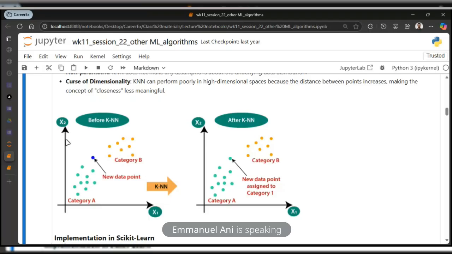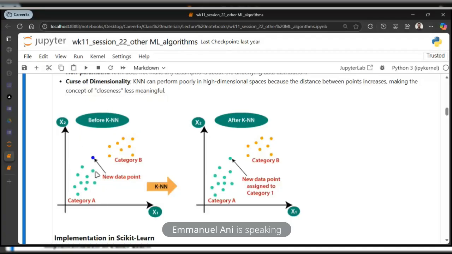For this blue dot, when we want to classify it as green or yellow, KNN uses a particular distance metric to calculate the distance between this blue dot and this one, between this blue dot and this one, and so on. It does it for every data point.